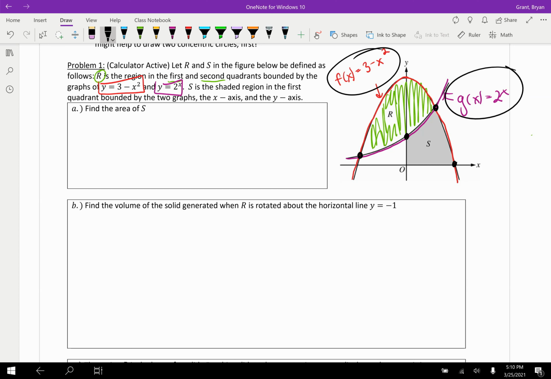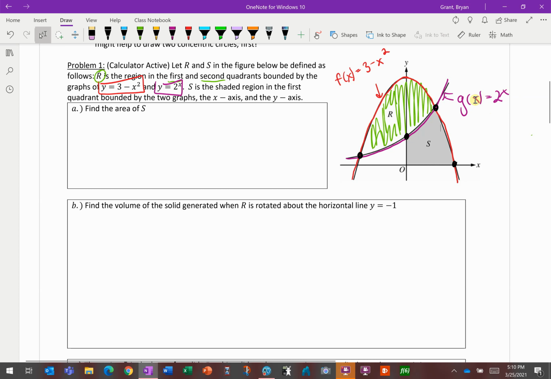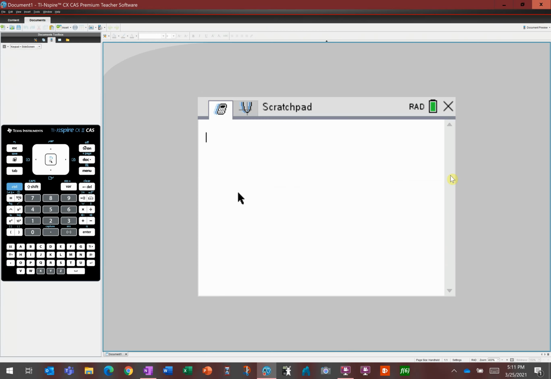I'm also going to need these 2 in my calculator. I'm going to show you a different way to put them into your calculator right now too, maybe a way you haven't seen before, maybe a way that I have gone over and have just forgotten about. So let's get to it. I'm actually going to, in my calculator, call the red equation f of x and call the purple equation g of x. Almost said green, but no, I'm pretty sure it's purple.